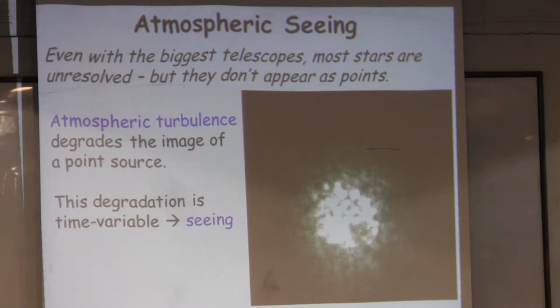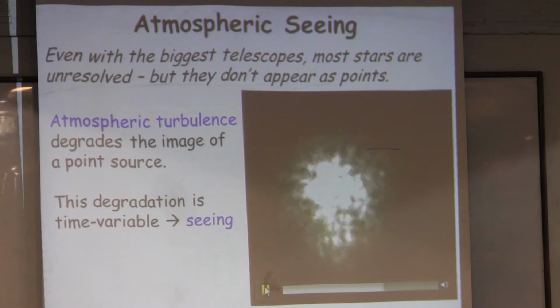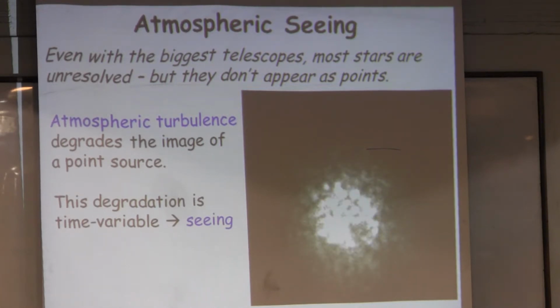So this is really an image of a single star. And it moves around and it has all those structures. This is simply what the atmosphere does to your image. So it does not stay stable. The centroid moves around. The structure of this cloud moves around.